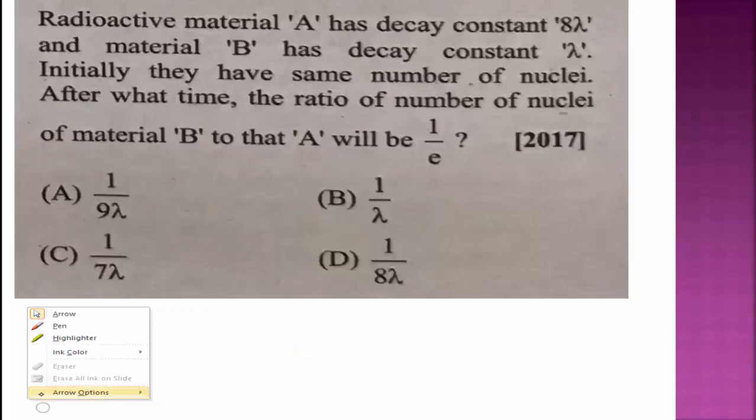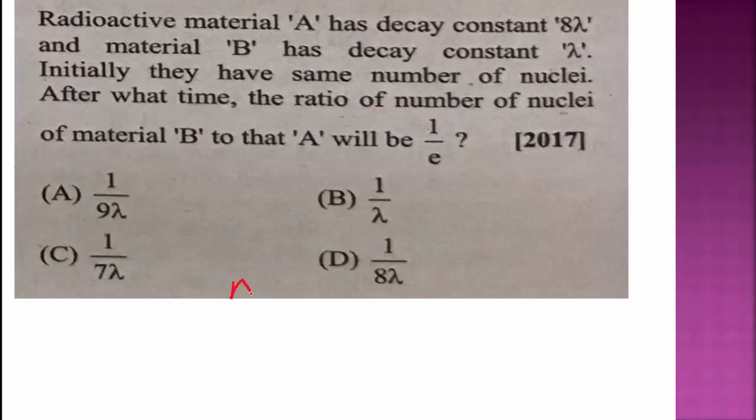And the next problem is, a radioactive material A has a decay constant 8 lambda and B has a decay constant lambda. Initially they have the same number of nuclei. After what time will the ratio of number of nuclei of the materials be considered. Here this is for A material and this is for B material.